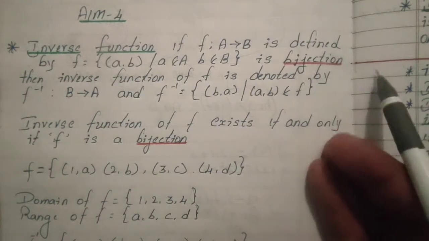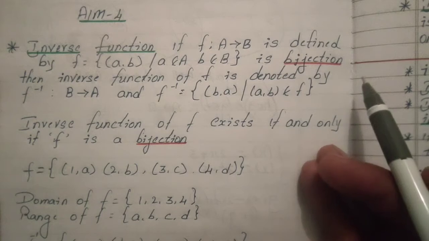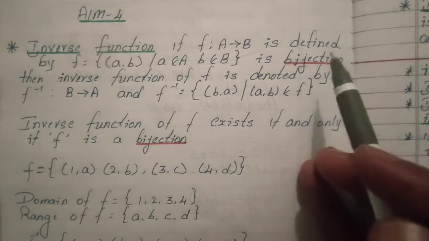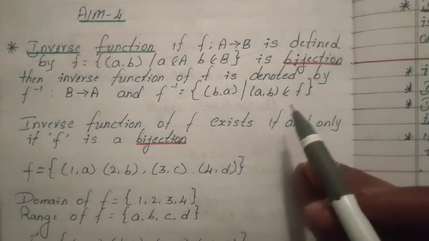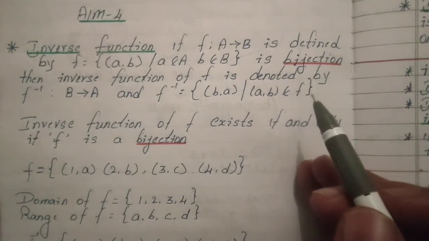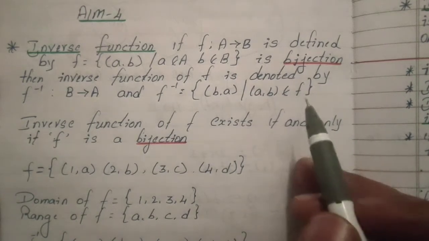What is bijection? The function f is said to be bijection when it satisfies one-to-one condition and onto condition. What is one-to-one condition?